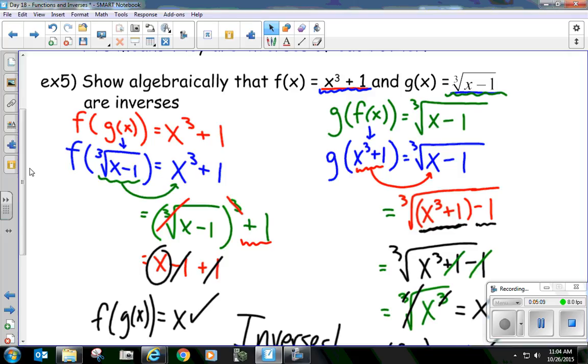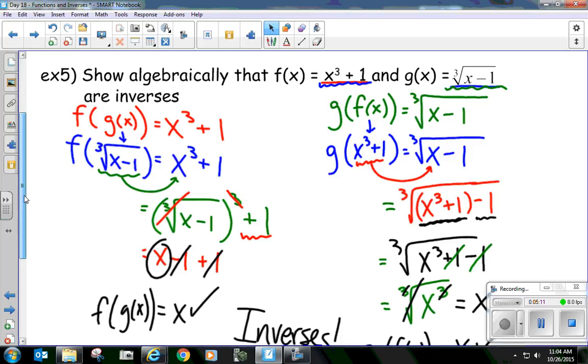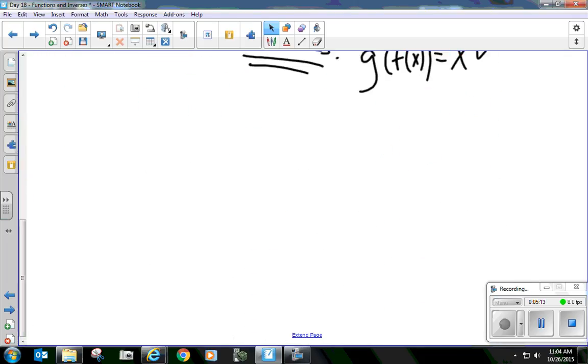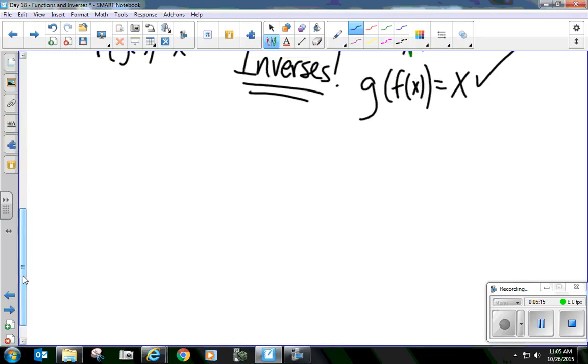For example, and this isn't in your notes, you don't have to write it down, I just want you to follow. Okay? What some people have asked me is if I know f of x equals x cubed plus 1, can I just take the inverse of this and see if it equals g of x? Like if this is a y here, can I just switch my x and y and solve for y and see if it's the same? You can. That's algebraic proof.